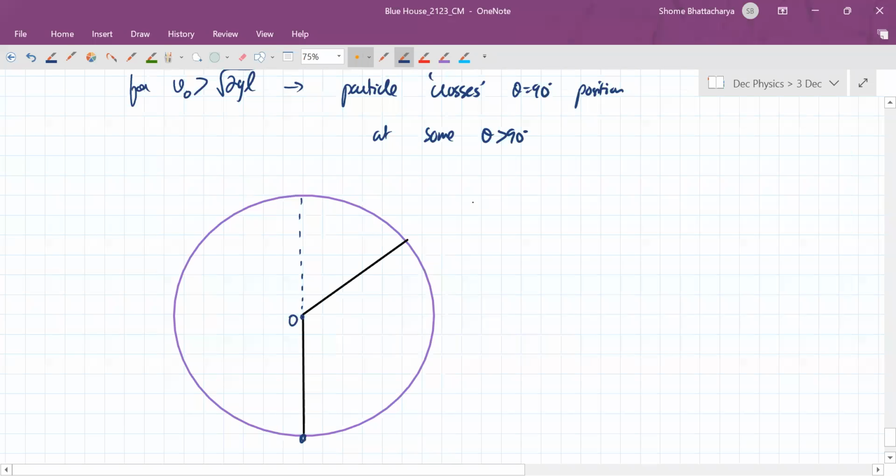And that's what makes things very interesting. So here at the bottom, the speed was V naught. Now this V naught was greater than root 2gl. We've assumed that. So it's crossed the 90 degree position, and now somewhere here, at some kind of an obtuse angular displacement theta, let's say the speed has become V.